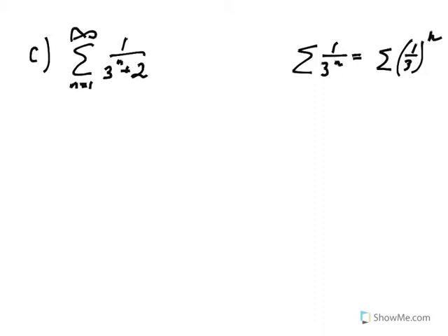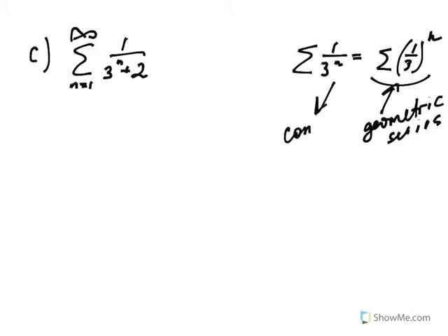Now, I don't know if you recognize it, but this is a perfect example of a geometric series. We know that in a geometric series, when your ratio is between -1 and 1, in our case 1/3, then your series converges. So this series converges.